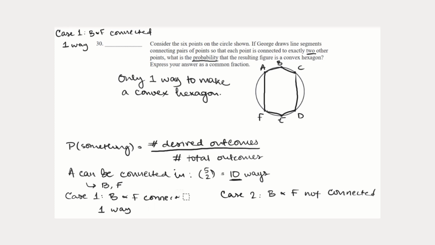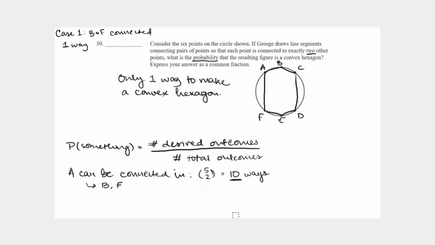And now we're going to analyze case 2 a little bit deeper. So case 2, B and F are not connected. It could be literally any pair of points. It doesn't have to be B and F, but I'm using B and F so we can actually visualize this.